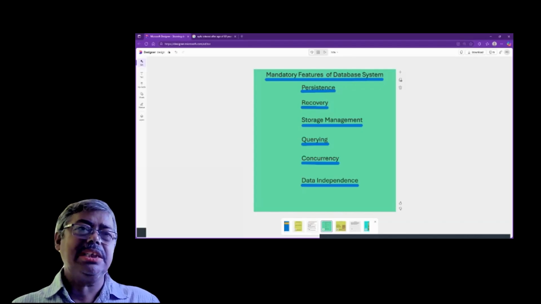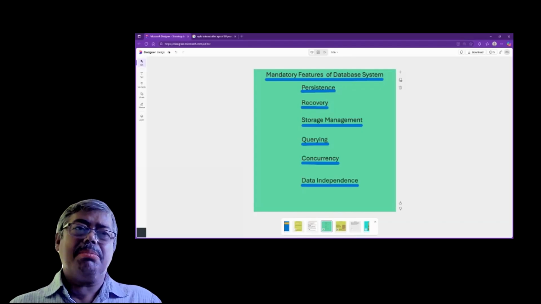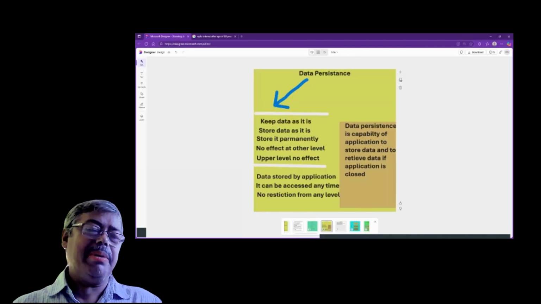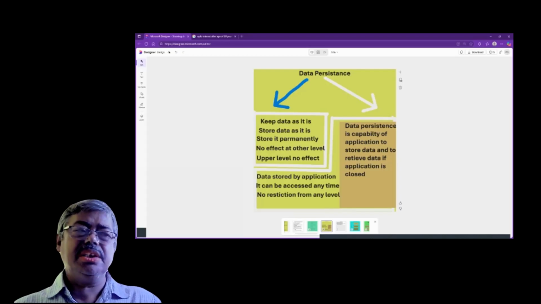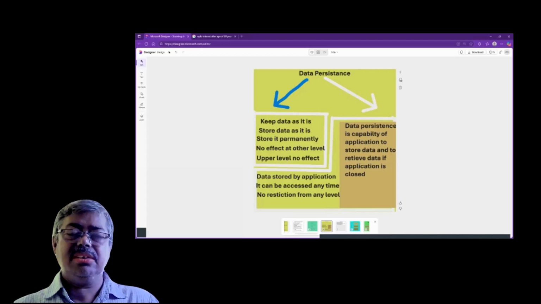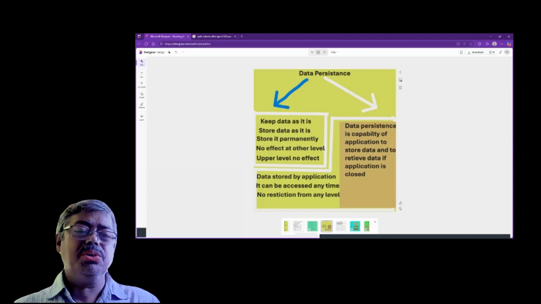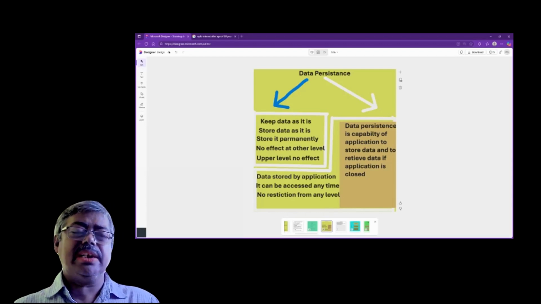These six properties are the basic properties of a database management system. Persistence means that if any data is stored at the storage level, it is stored finally, so no problem or confusion arises.